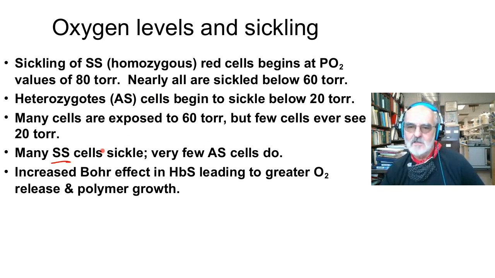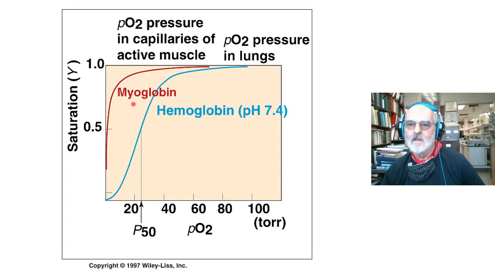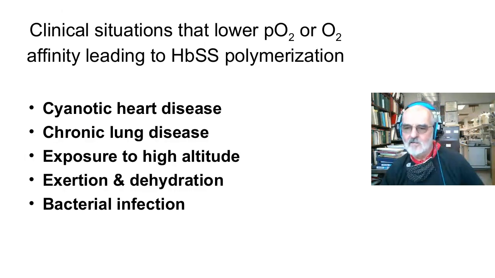So generally speaking, for all the reasons that I've mentioned, SS will generally sickle and AS will generally not sickle, unless you're dehydrated and playing football at high altitude in Denver. This is simply emphasizing that down here is where we're talking about the preponderance of the sickling condition, and SS patients will have that.